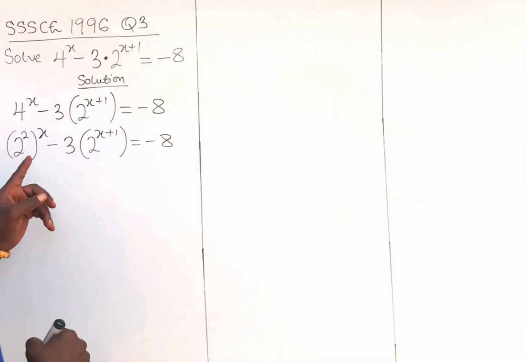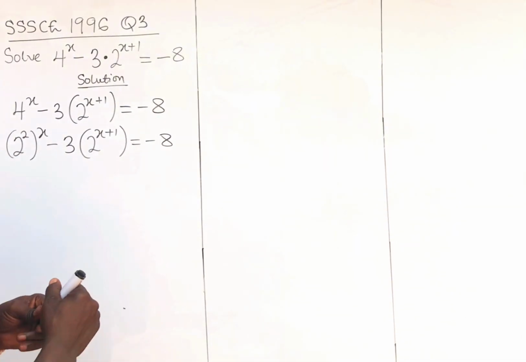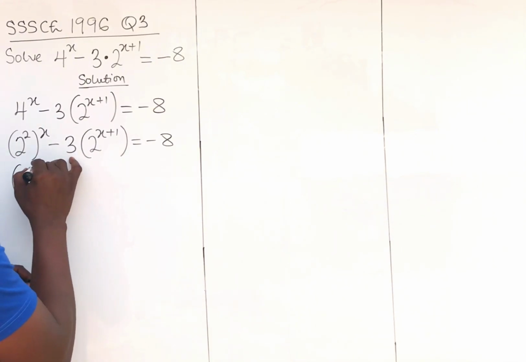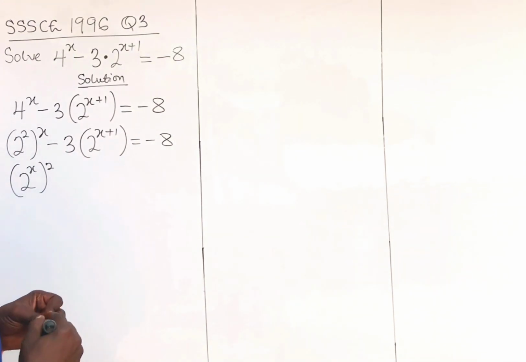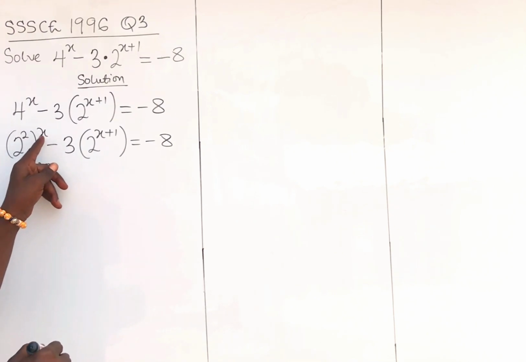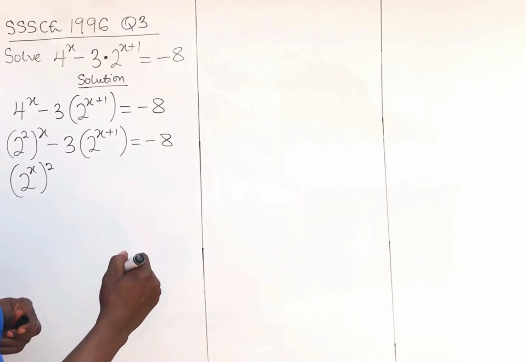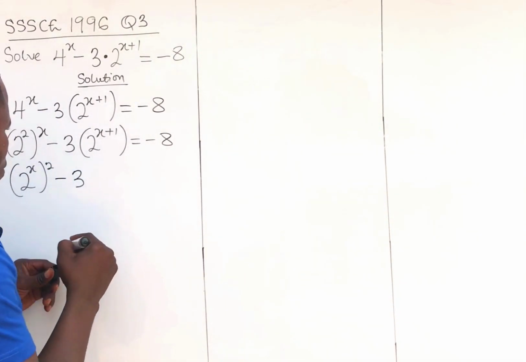After this, we now switch these powers by sending 2 outside and bringing x inside. That is 2 exponent x, bracket close, 2. 2x means 2 times x, and here x2 means x times 2, which is the same thing, minus 3.